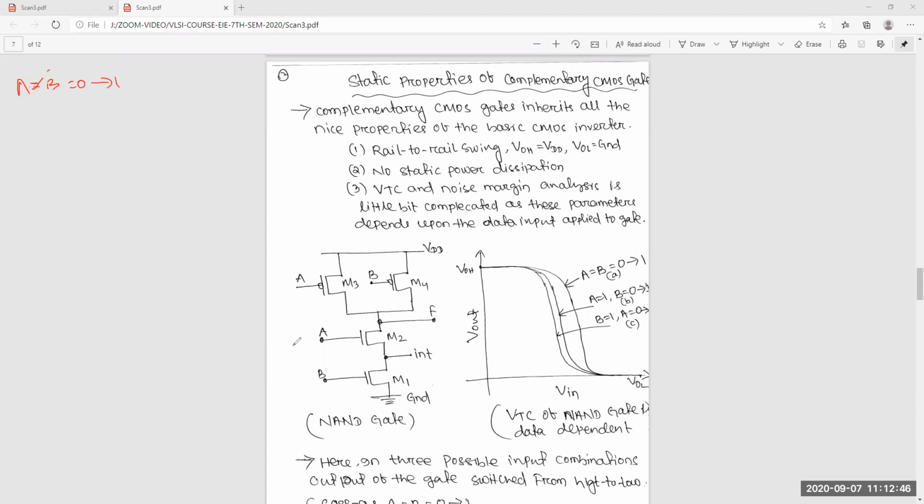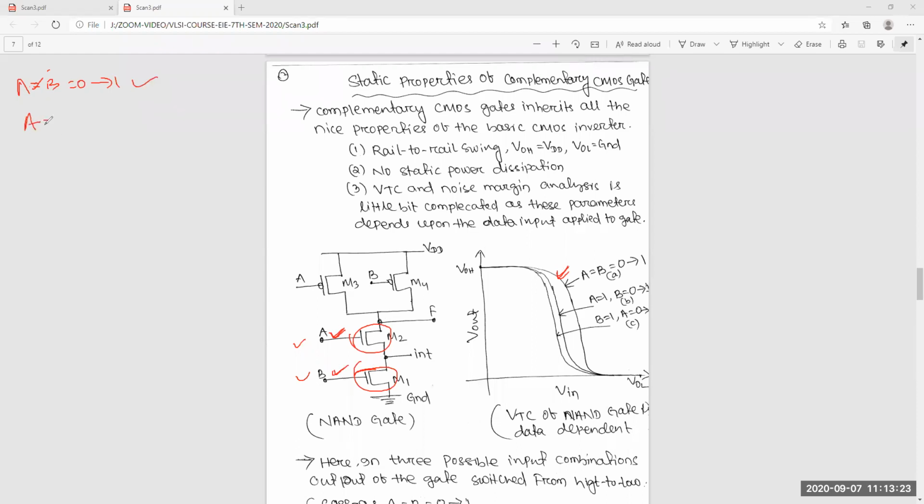Initially A and B were 0, but now both go from 0 to 1, meaning 0 to VDD. Those two transistors will be on. For that case you get this type of curve. In the second case, A is on, meaning VDD, but B goes 0 to 1, and then both will be on. This is the first case.